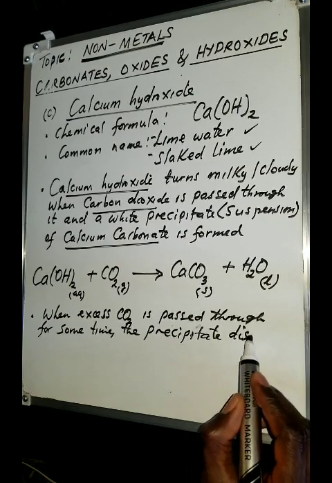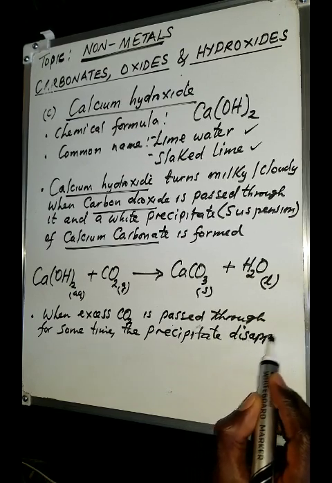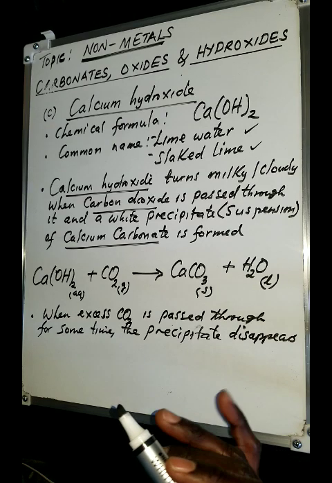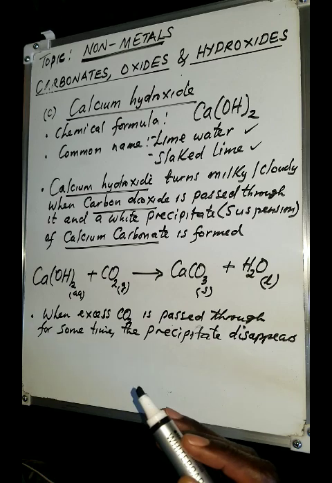So you're going to find that the precipitate is going to disappear. Now, why does it disappear? It disappears because calcium hydrogen carbonate is formed.